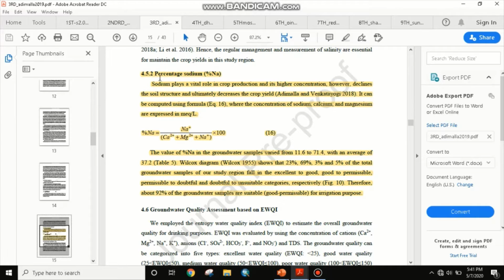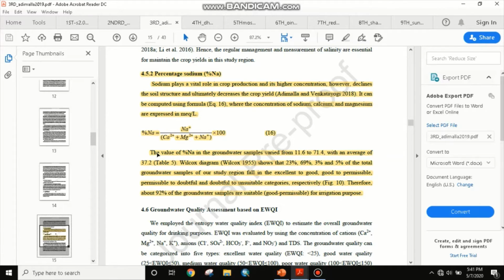Here, if you see percent sodium, they have given that sodium plays a vital role in crop production, and its higher concentration however declines the soil structure and ultimately decreases the crop yield. It can be computed using a formula where the concentrations of sodium, calcium and magnesium are expressed in this unit. This is the same formula we have seen in our previous research article also.